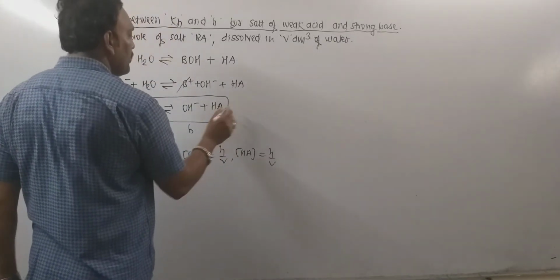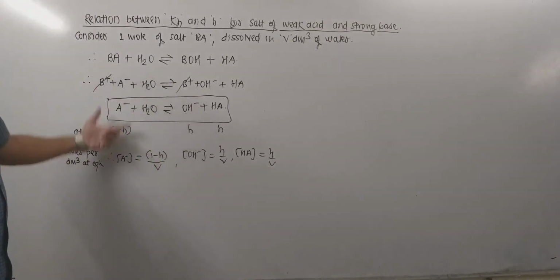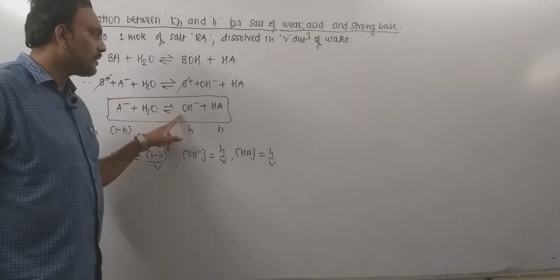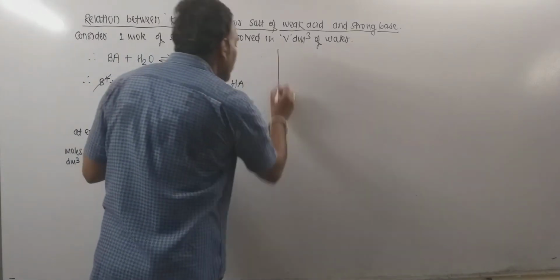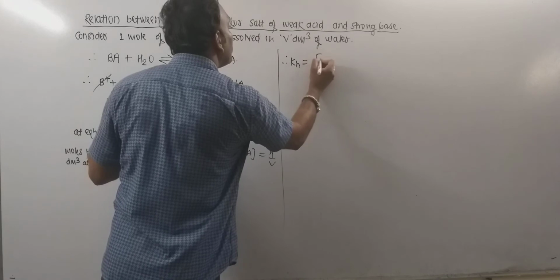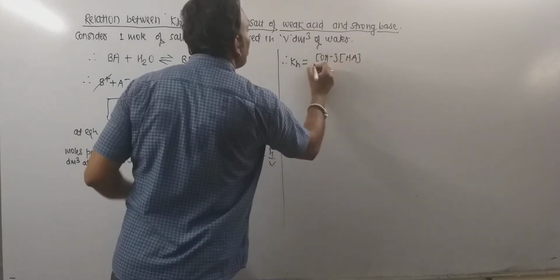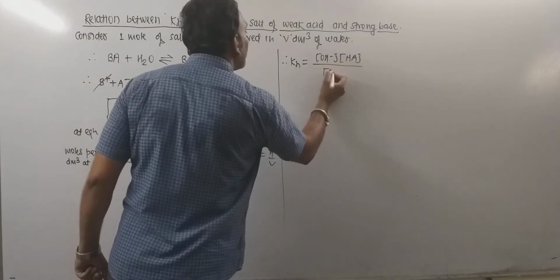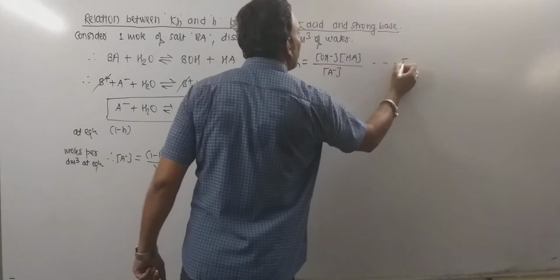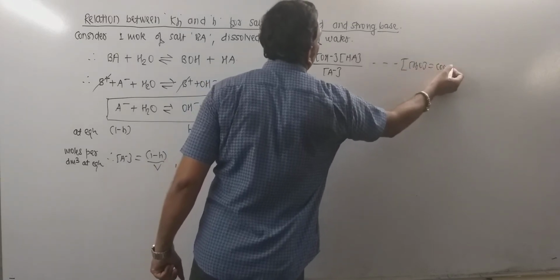Now if we apply the law of mass action to this equilibrium, we get the hydrolysis constant, Kh. So Kh is equal to the concentration of OH- into the concentration of HA upon the concentration of A-, and practically the concentration of water remains constant.